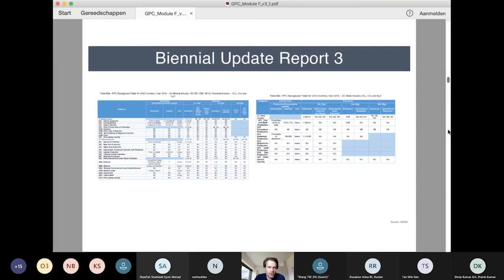processes. You'll also find the BUR3 report a very useful source to look at what industry is operational within Malaysia and what their total emissions are. So you've got data here broken down by industry type, giving quite a bit of detail. And again, you can see here the use of notation keys: NE, not estimated, NO, not occurring.